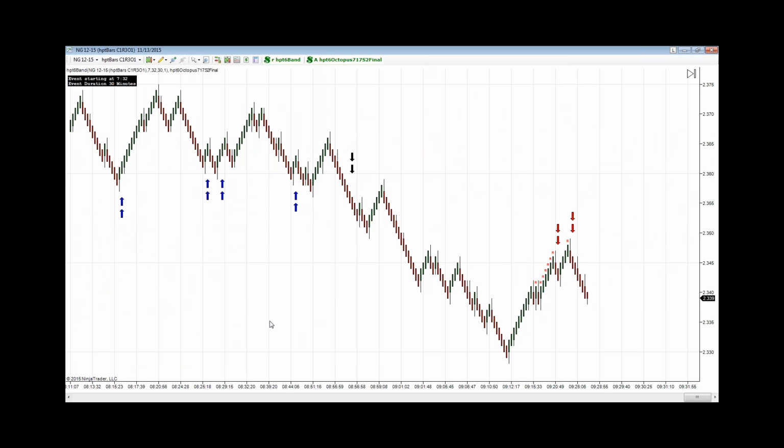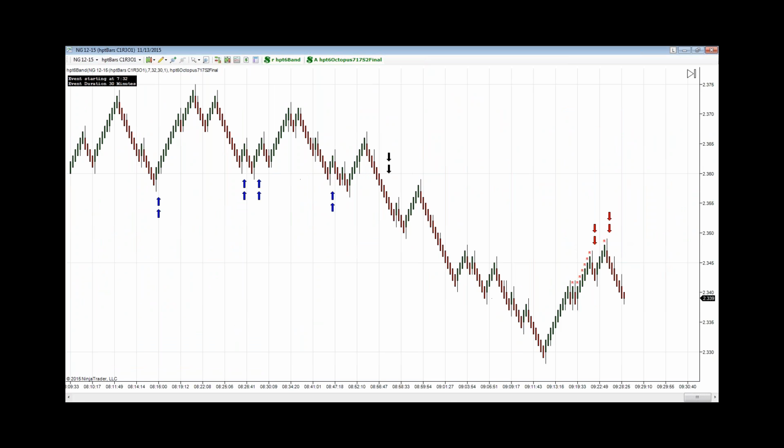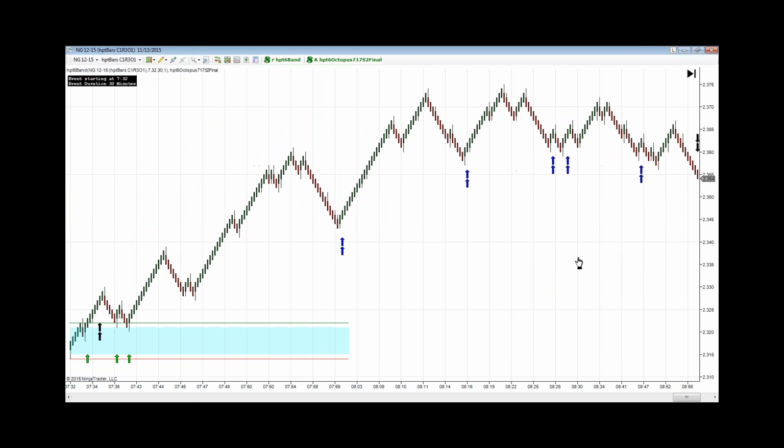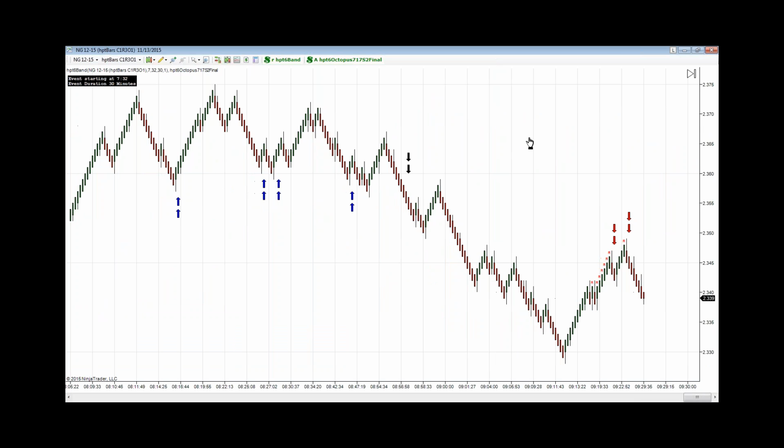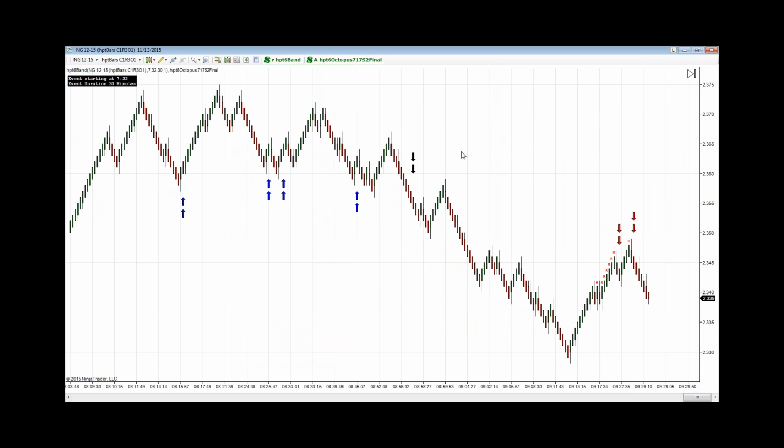So again, out of the 5 trade setups, the 5 trades, 1, 2, 3, 4, and 5, 4 of the 5 profitable, and again the session very profitable. So we looked at the crude oil session, we looked at the NASDAQ session, and we also looked at the nat gas session, and all of them profitable again.